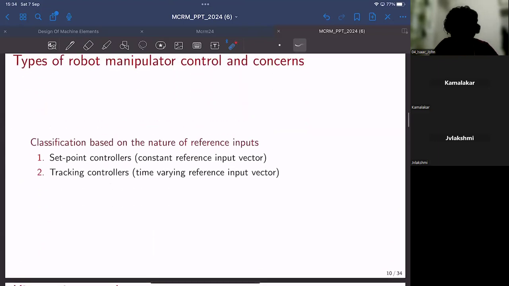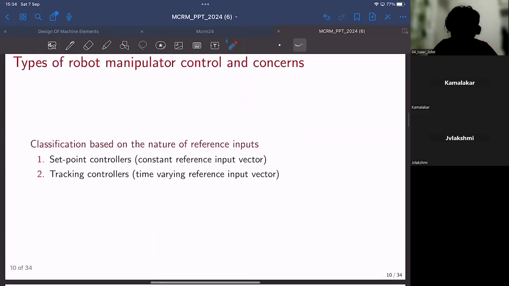So the next topic could be types of robot manipulator control and their concerns. Just like I mentioned earlier, you can have a regulatory control where the trajectory is not important. Your only objective is to move from your current position to a desired position as efficiently as possible. You can call this a set point controller, where a constant reference input velocity vector is provided.